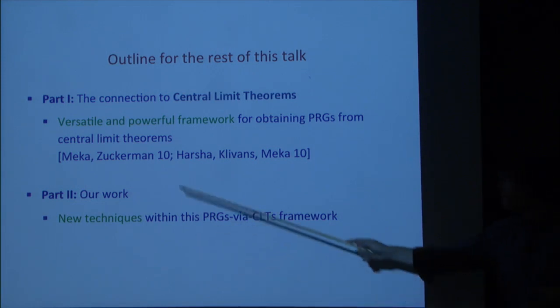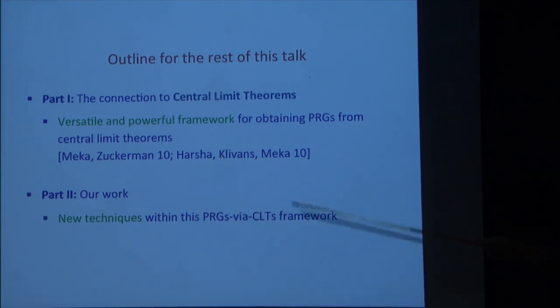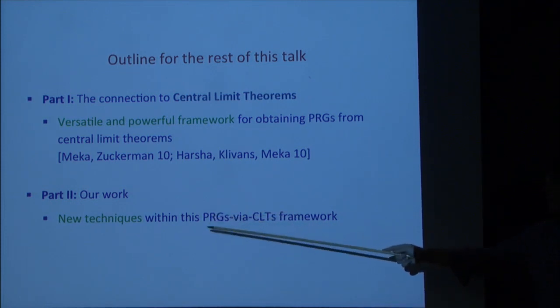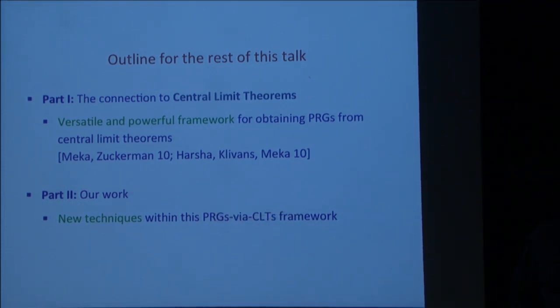This was pioneered by work of Meka and Zuckerman, and Harsha, Klivans, Meka built on it. We build further on it. So that'll be the next chunk of the talk. And then after I've gone through the necessary background, I'll tell you about our work, and we'll see how some new ingredients come up in these arguments that give us PRGs from central limit theorem type proofs. Okay?